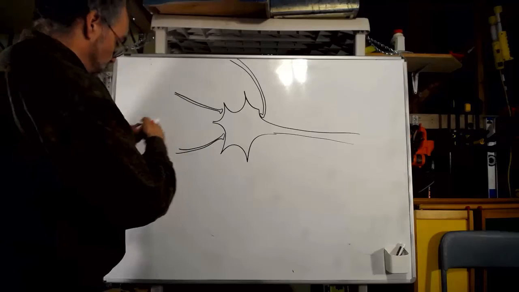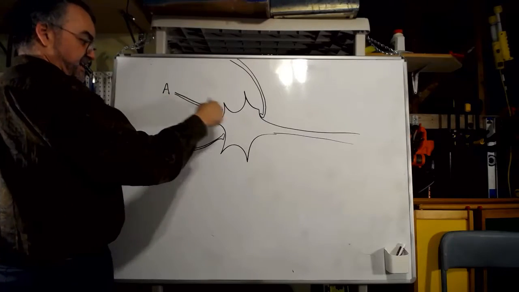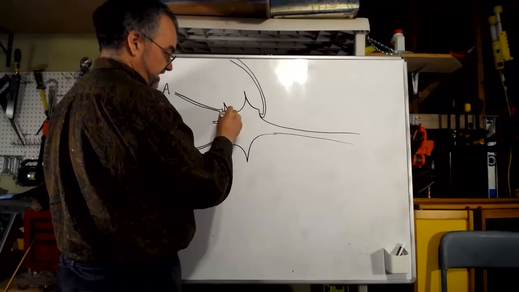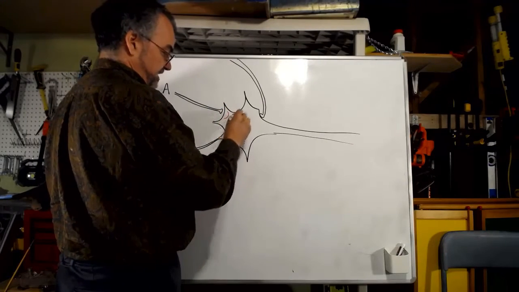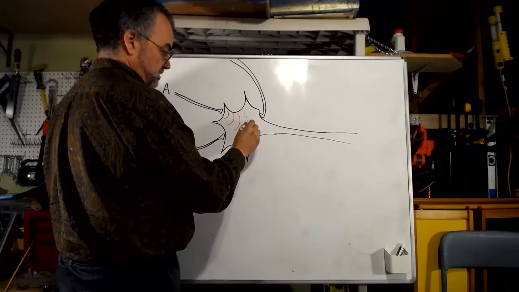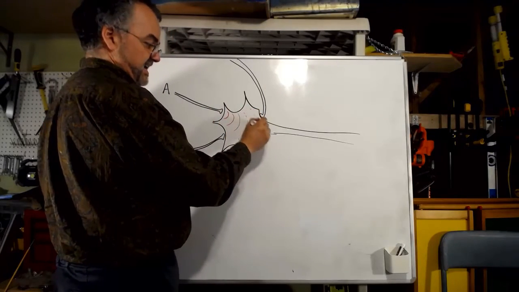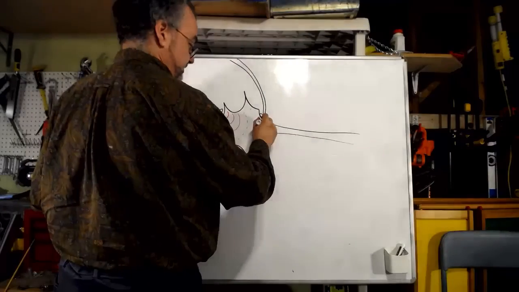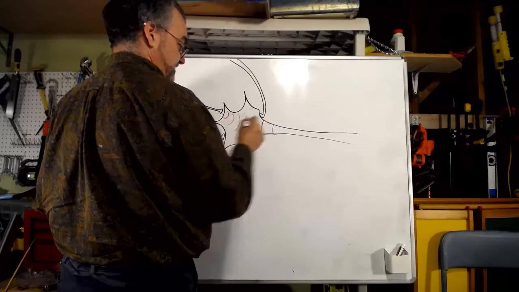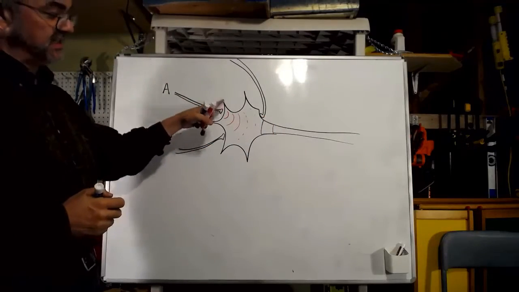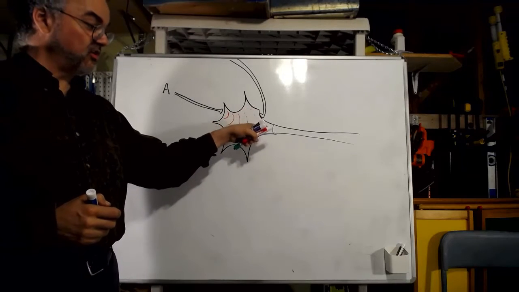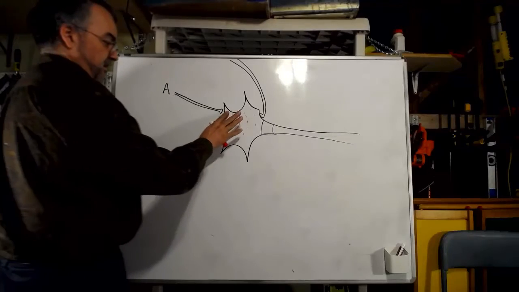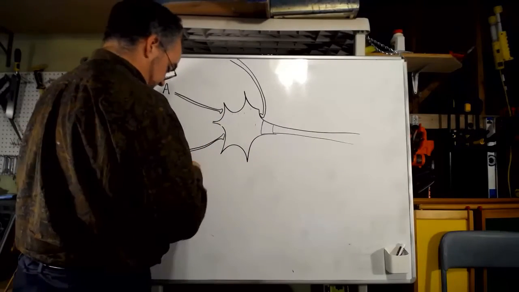So let's imagine what happens when cell A sends an action potential down here. Well, it'll cause release of a neurotransmitter and cause a depolarizing graded potential, which spreads out but decays too much before it gets to the axon hillock. So this cell makes a graded potential, but it's not strong enough to cause an action potential here. Too bad. Now let's look at cell B.